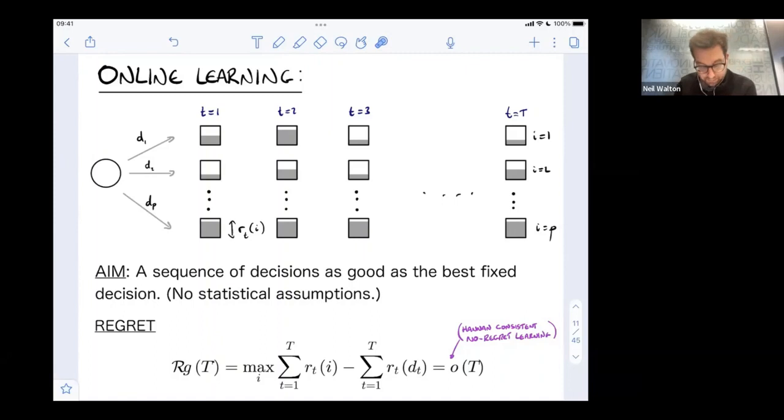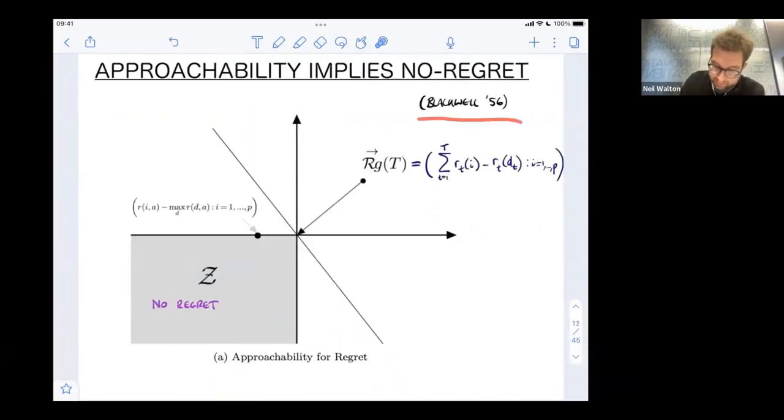There exist algorithms which do quite well, with regret that is little o of T, so they're within the same order as the best choice in hindsight. So an online algorithm can make a sequence of choices which do as well as the best fixed choice in hindsight. That's the result that essentially Blackwell proved in 1956.